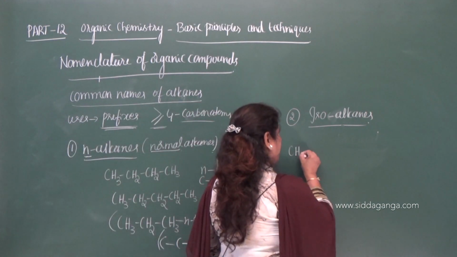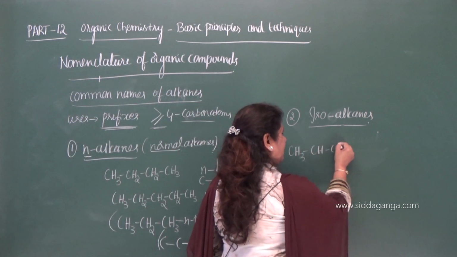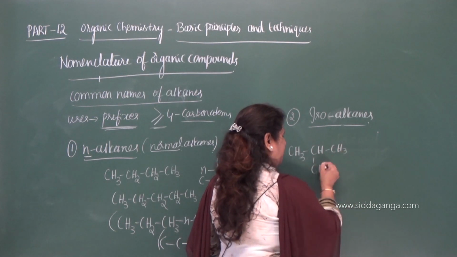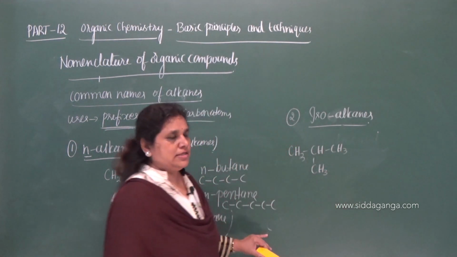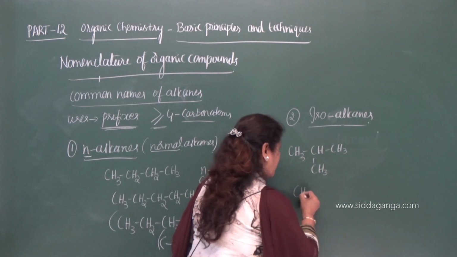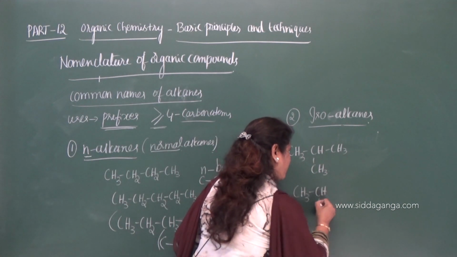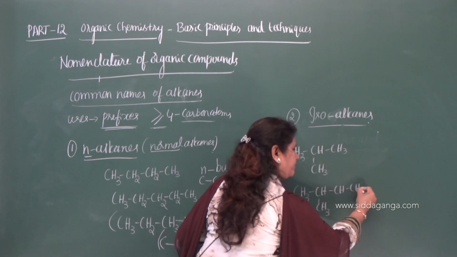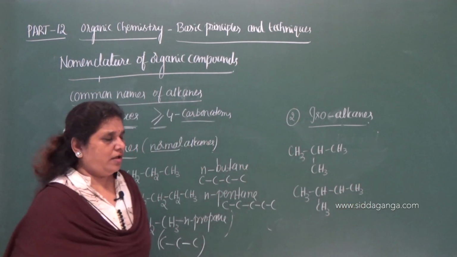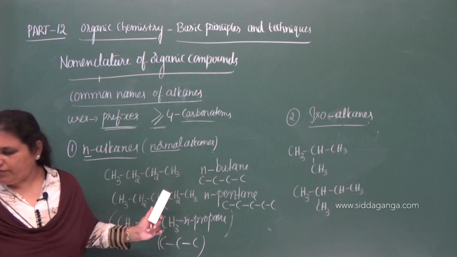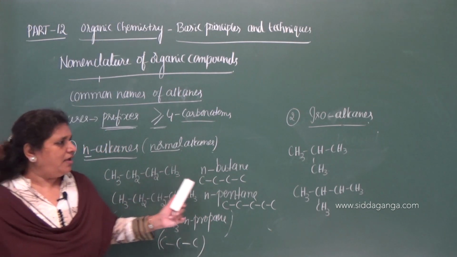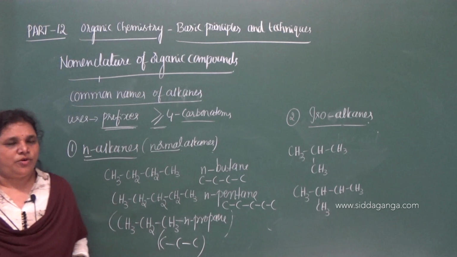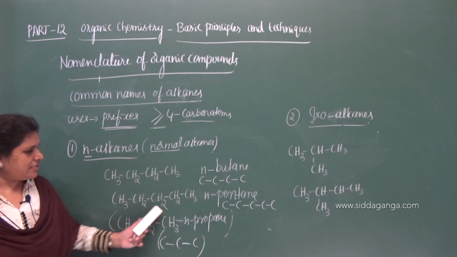I can write butane in this form. Similarly, I can write pentane in this form. Now butane we can write in this form first, and I have written the same butane in a different way, and this is pentane.